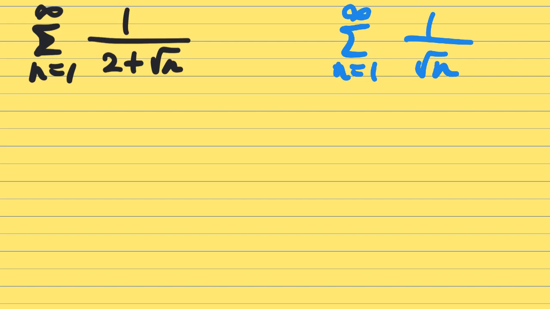Basically, you want to compare it to the most dominant terms from the original series. This can be rewritten as 1 over n to the half. That value is less than 1.